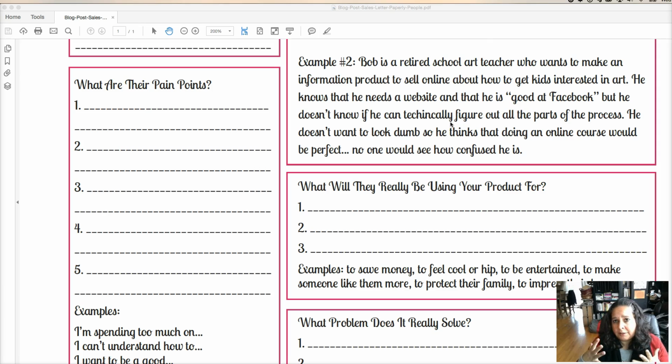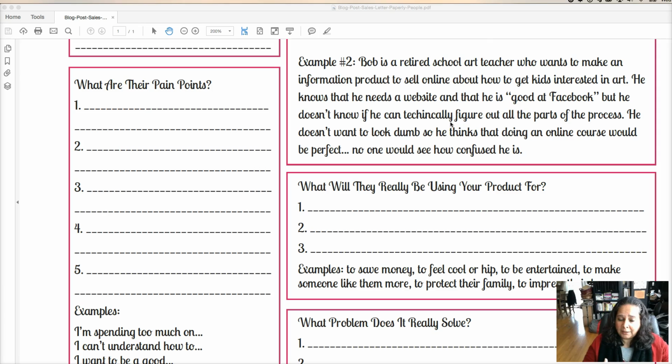He knows that maybe he wants to sell an ebook or he wants to do something. He's good on Facebook. His students talk to him. He gets lots of likes on his post, but he doesn't know if he can actually figure out how to sell something online. He doesn't want to look dumb. He feels like if he can do it online, then he won't feel as stupid because nobody will see that he doesn't know what he's talking about.